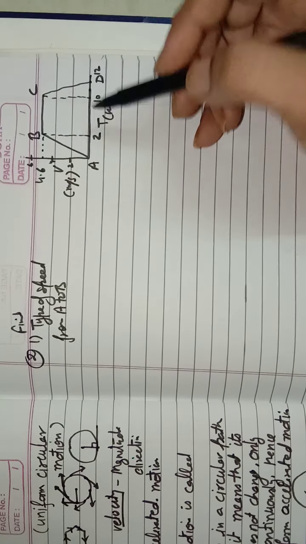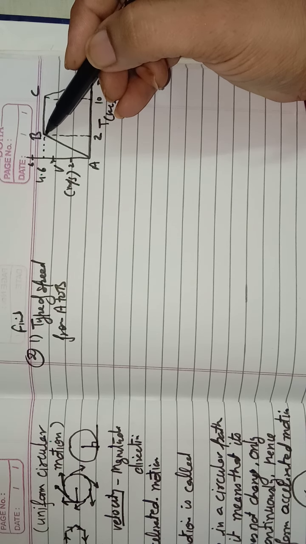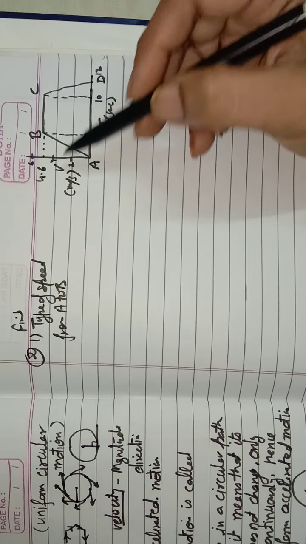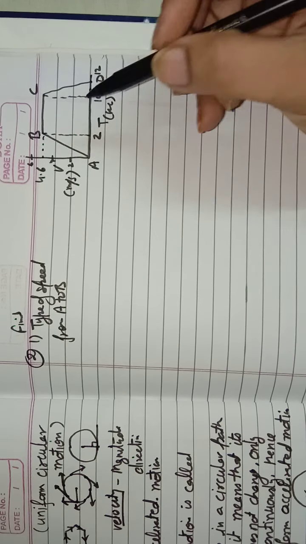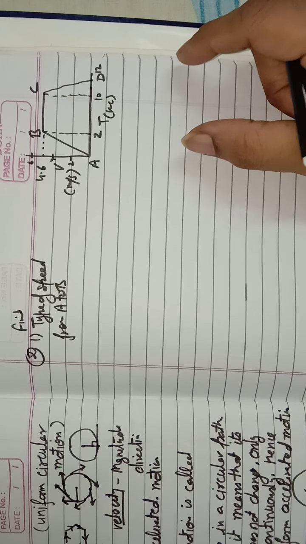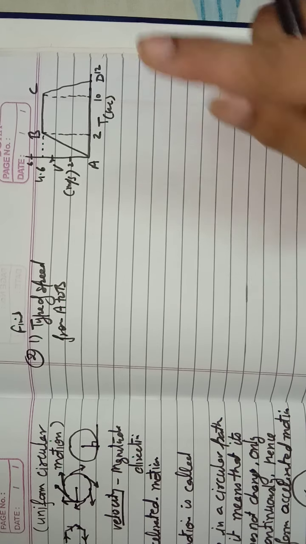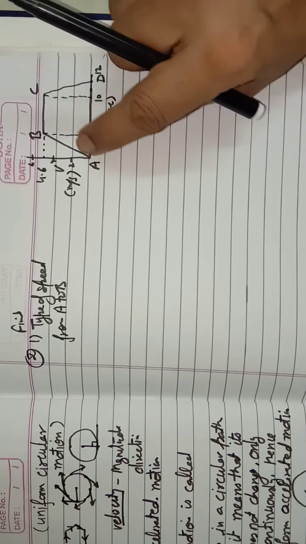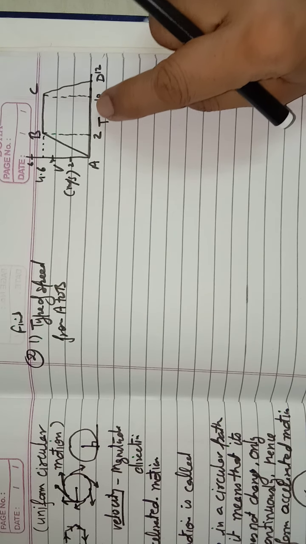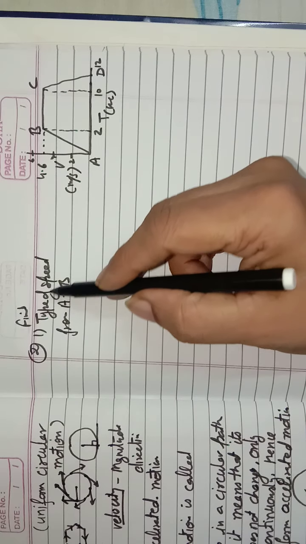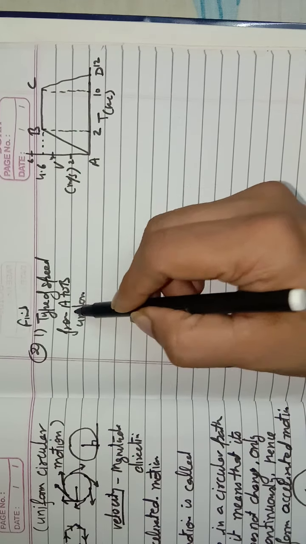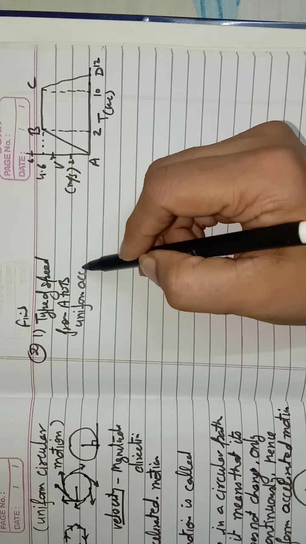If the VT graph is a straight line which is not parallel to the time axis, it means the body is moving with uniform accelerated motion. I have already explained in last lectures that this type of VT graph represents the uniform accelerated motion of the body. So the type of motion from A to B is uniform accelerated motion.